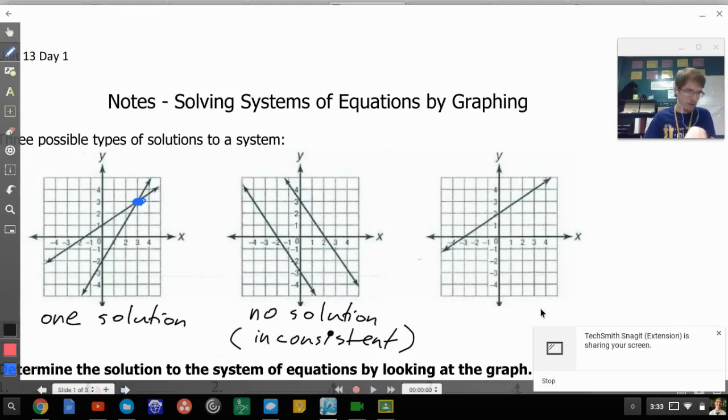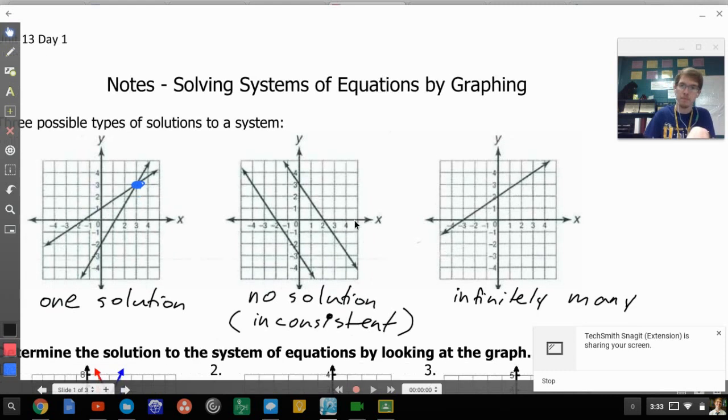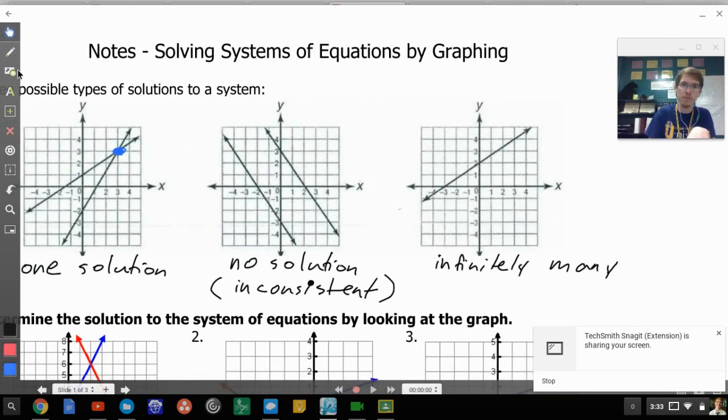So in this case, we would say we have infinitely many solutions, and that's because these two lines intersect everywhere. At any point you go, they're both there.